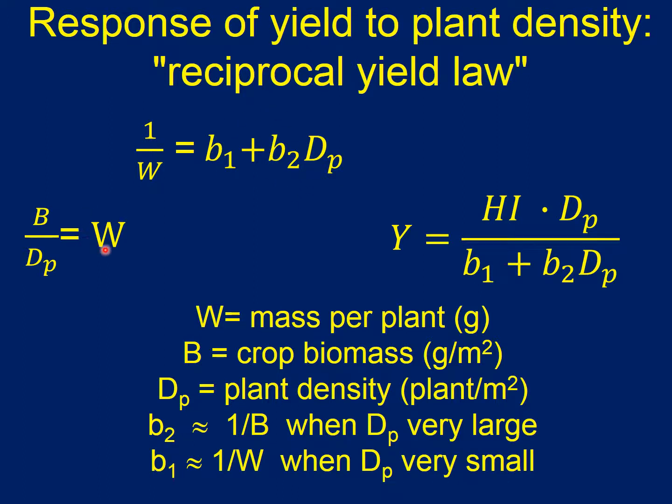As the mass per plant is equal to the biomass of the crop divided by the planting density, we can deduce that the yield is equal to harvest index times planting density divided by b1 plus b2 times planting density, where harvest index is the fraction of biomass that is accumulated in the harvested organ, and dP is planting density.